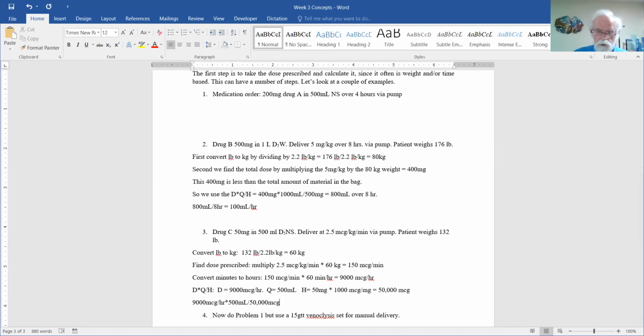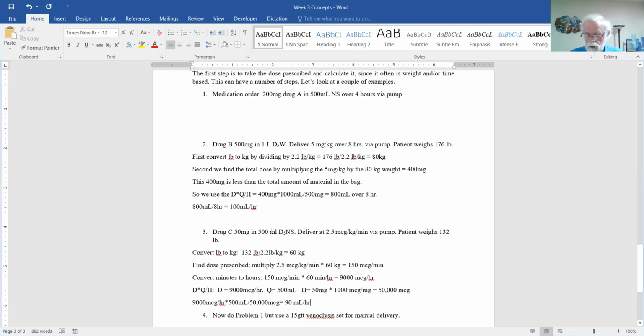So again, let's use our calculator. We've already calculated the 9,000. So we're going to multiply that by 500 milliliters, and then divide that by 50,000 micrograms and end up with 90 milliliters per hour. Yep, 90 ml per hour. Okay, so that's what we're going to have.